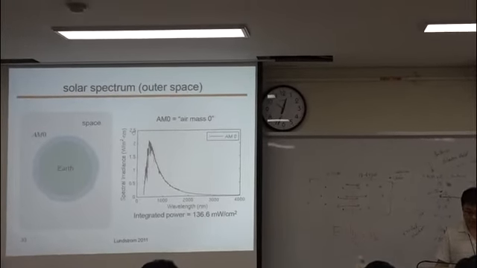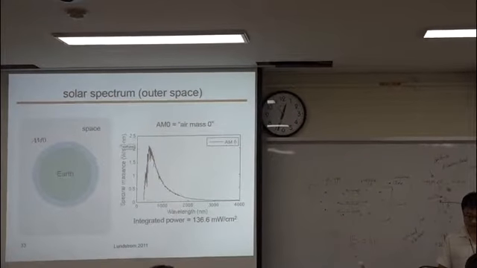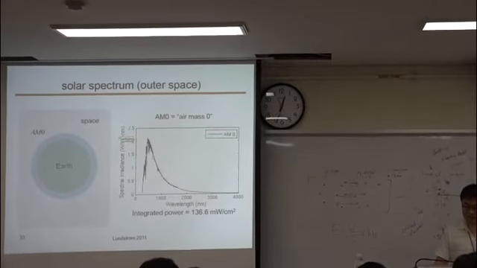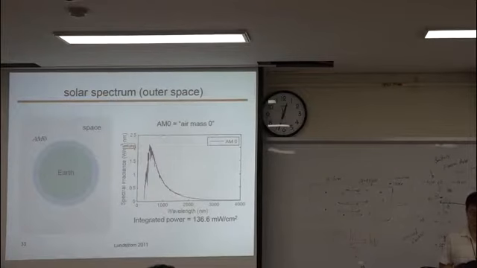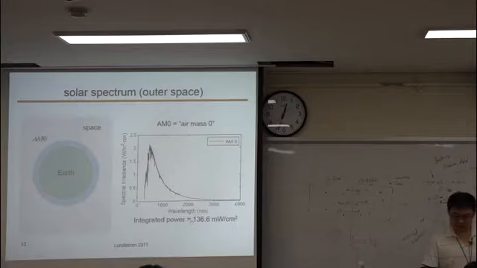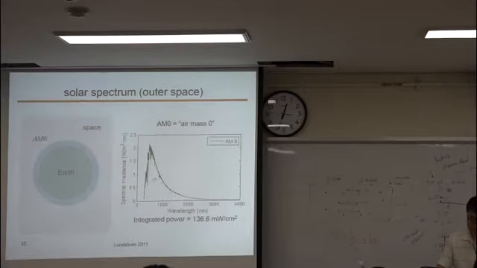Now let's think about the solar spectrum here. Basically, if we use a UV machine, then we can measure the solar spectrum, as you can see from this. So solar light has this kind of solar spectrum.